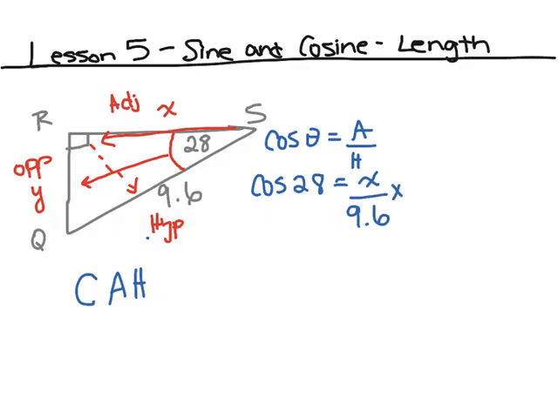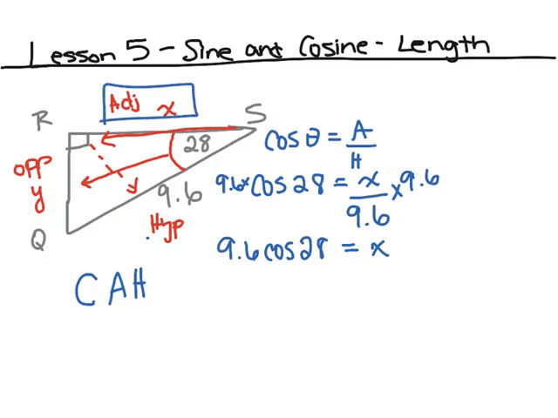We're going to isolate X, so multiply both sides by 9.6. So 9.6 cos 28 is equal to X. Type that into your calculator as I said it: 9.6 cos 28. And we should get 8.5 to be equal to X. So this side is 8.5.